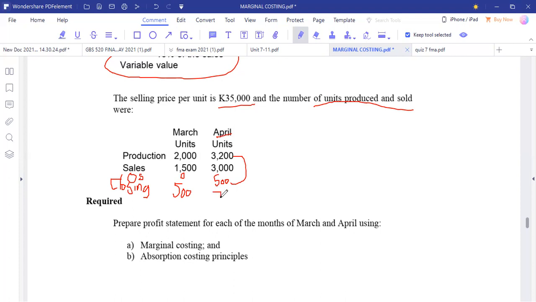The closing stock will be 700 units. So in April, our closing stock will be 700 units because we opened with 500 units, plus the production of 3,200 makes 3,700, then minus the 3,000, we get a closing stock of 700 units.